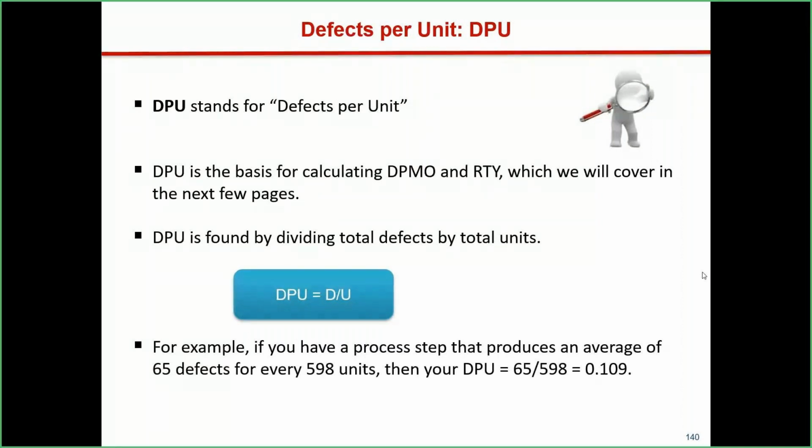Difference between defect and defective.